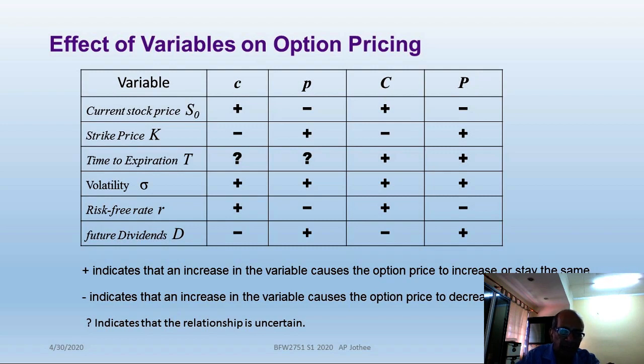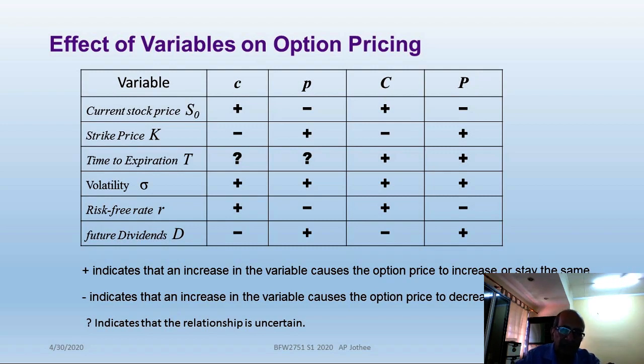So based on that, the premium will be higher because the seller of this call will be having the risk of being exercised. When it's exercised, he has to pay you. So therefore, the call premium will have a positive value here, because if there is a view that the stock price is increasing, then the call premiums will be higher.